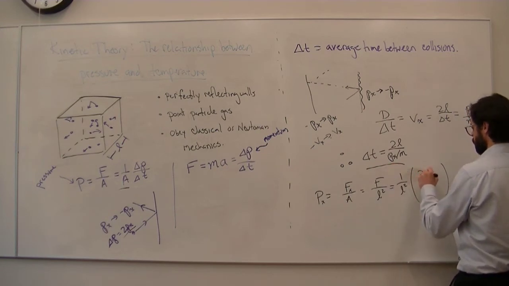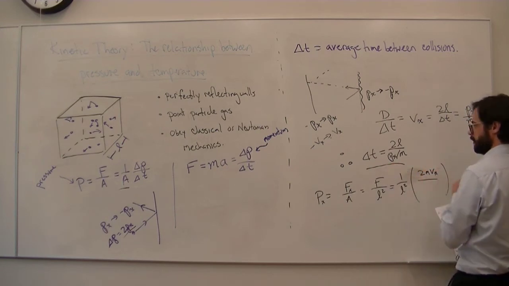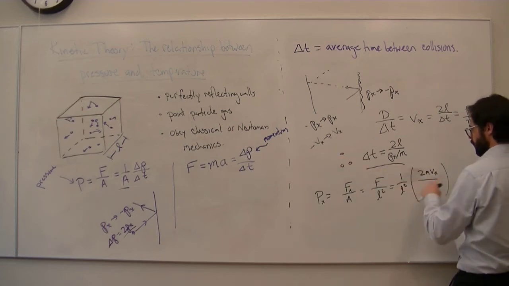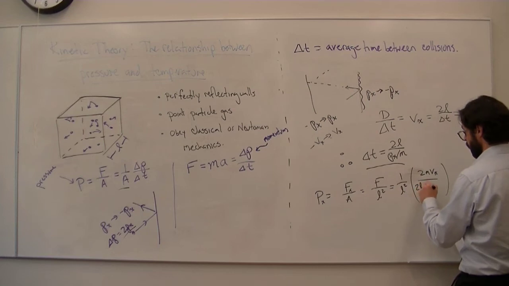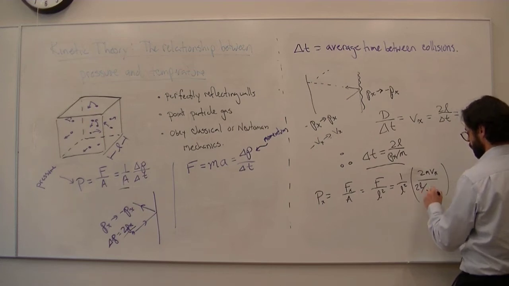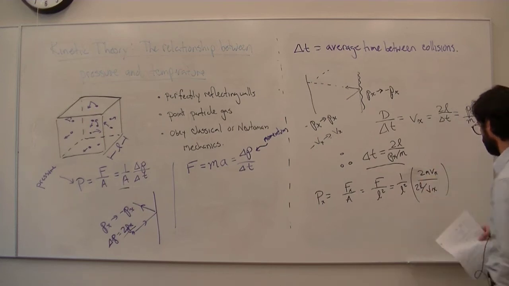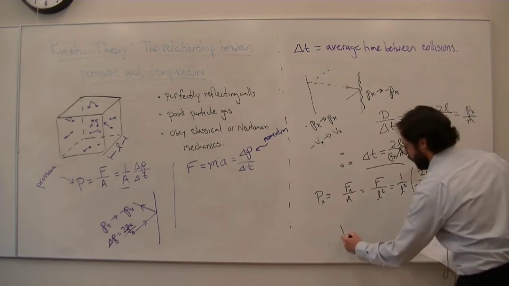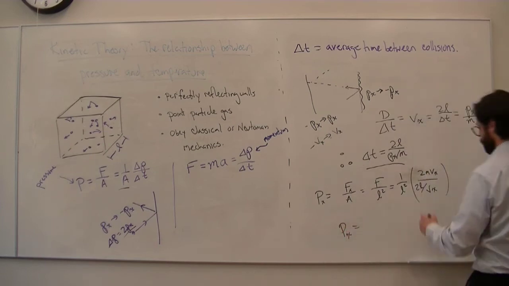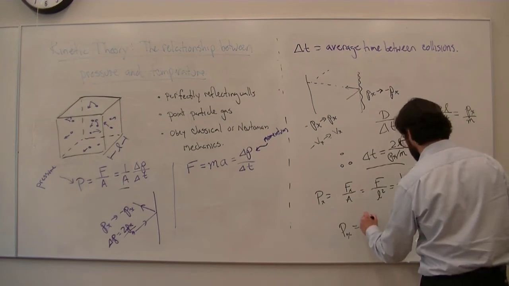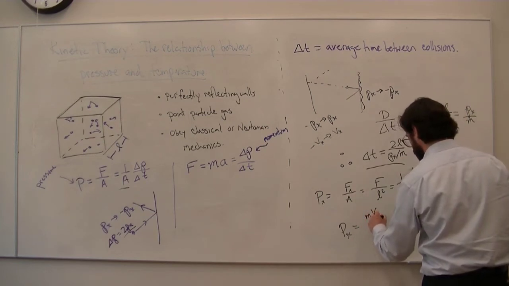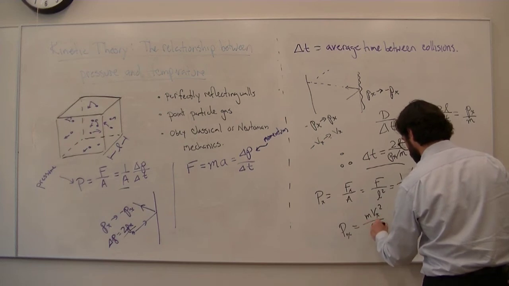So writing it in one gross chunk first before simplifying. This is 2mvx, that's twice the change in momentum, and then divided by delta T, which is 2L over px over m, but we can just call this Vx now because we're expressing that in terms of velocity. And then we have the pressure on that particular wall. After some simplification, we get an L cubed, the 2's go away, we get a V squared. So we get m Vx quantity squared over L cubed.